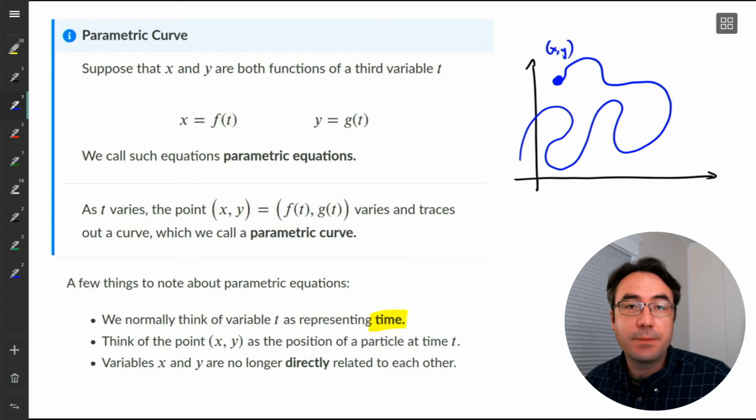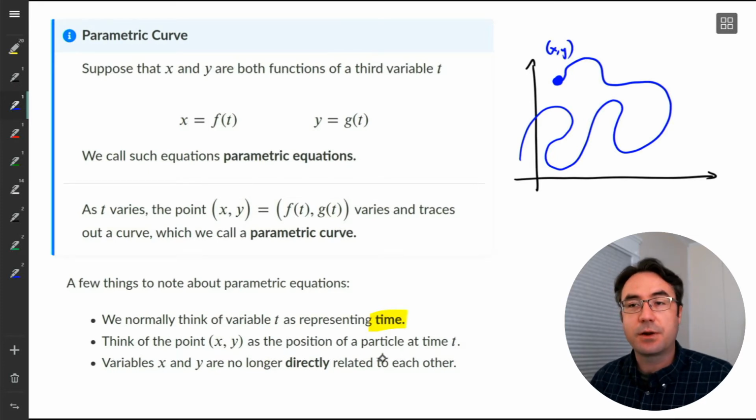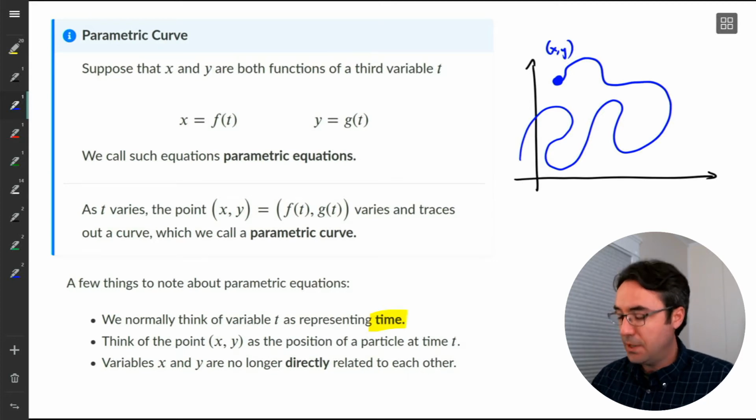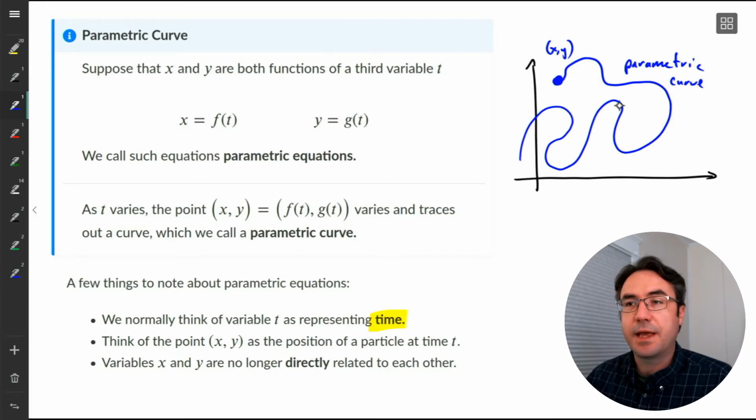And what these parametric equations do is they describe the position of that particle at time t. So we have our parametric curve, and here is our particle at time t.